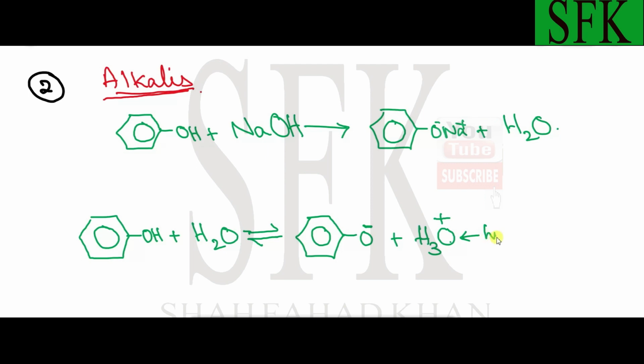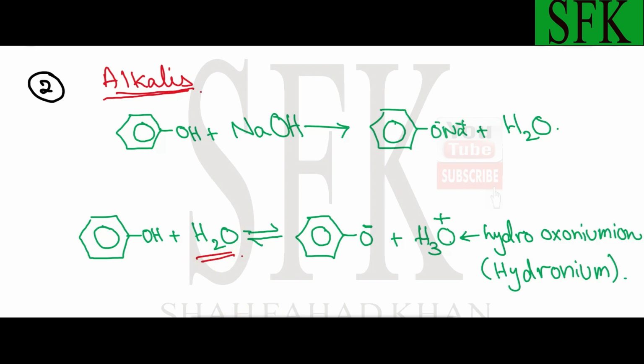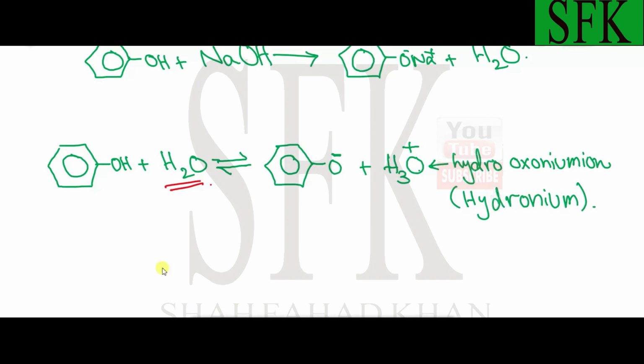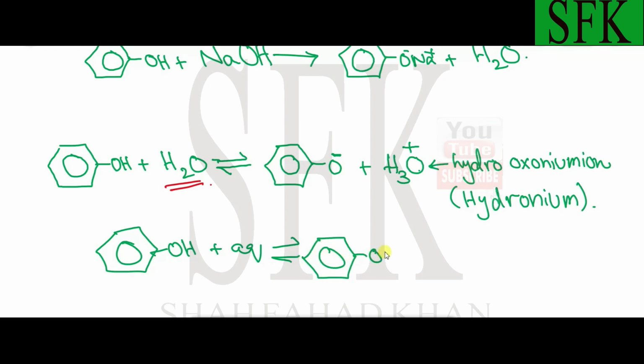This ion is known as the hydroxonium ion, or also called the hydronium ion. So basically when phenol dissolves in water, it gives H3O positive. I've made the hydronium ion because in this equation I've used water over here. If water wasn't used and rather only aqueous was written, when phenol is dissolved in aqueous solution, then we would have written phenoxide ion and H positive ions, aqueous.